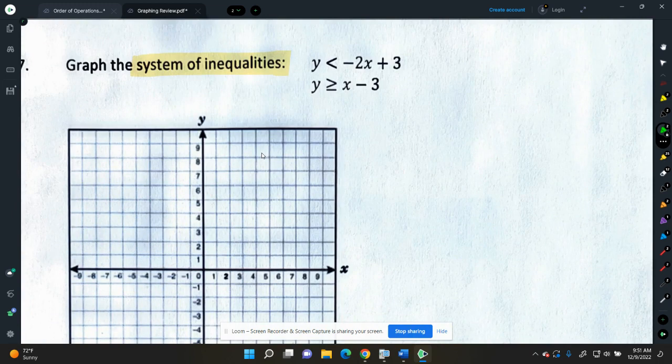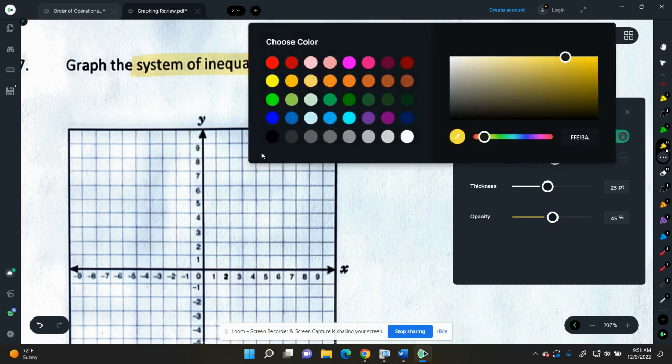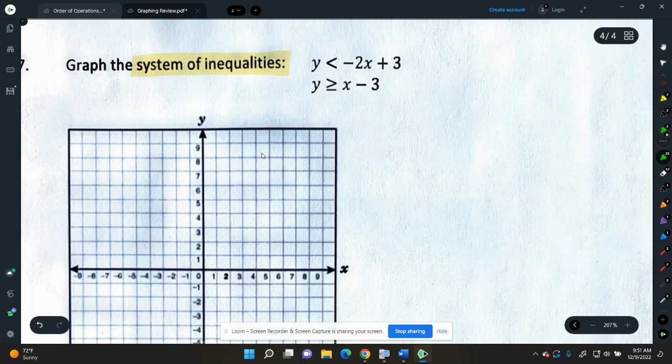You're going to do the 3. You're gonna put the 3 on the y. What does the 3 represent? The y-intercept, right? Okay, so there's my 3. And then what?